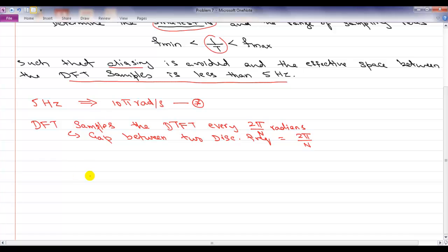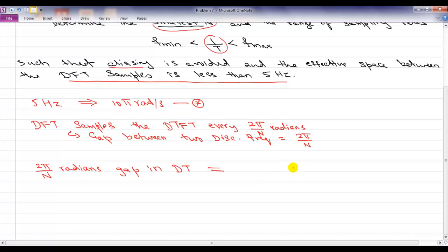We also know the relationship between DTFT and CTFT. So 2 pi over n radians gap in discrete time, that is equal to how much gap in continuous time? What do we do?